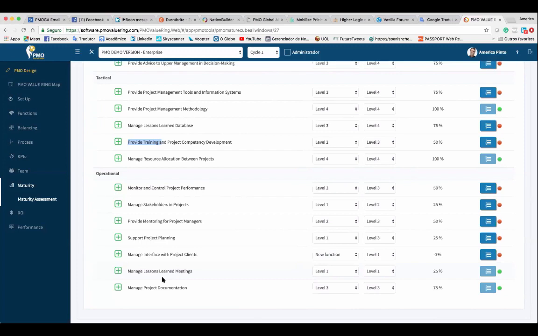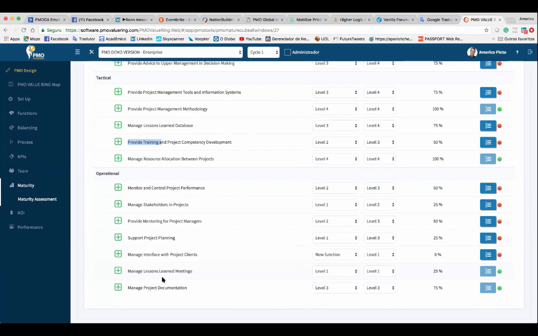Okay, auditing, for example, Mahid asked about that. There is a function that is project management auditing. It's operational. Why? Because I have to analyze project by project. Okay, so it's an operational function, right?